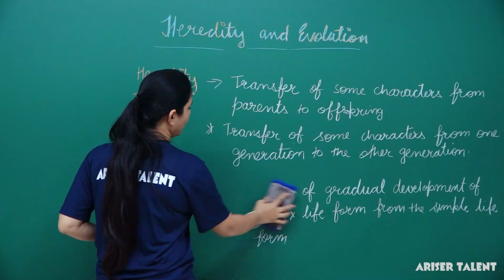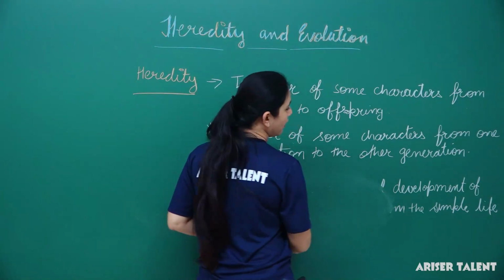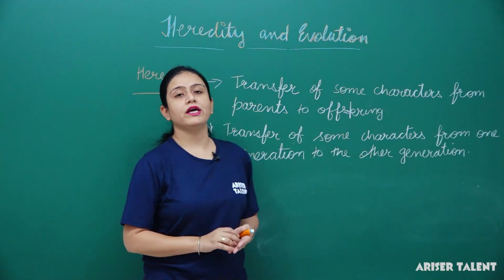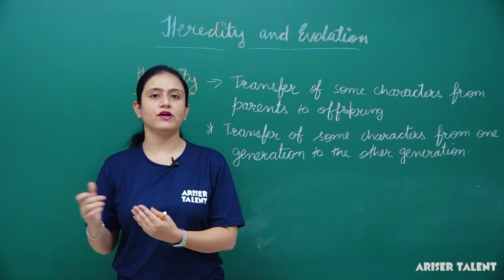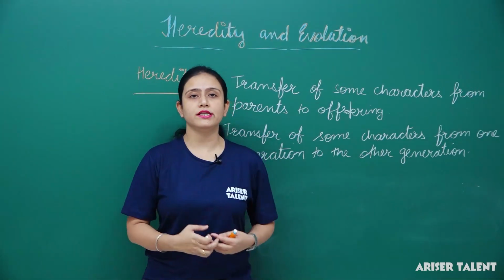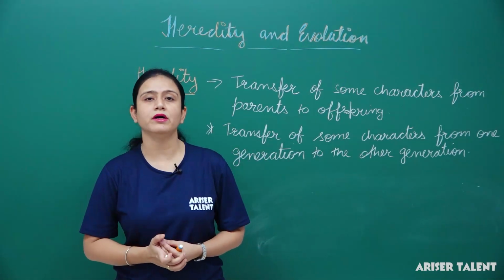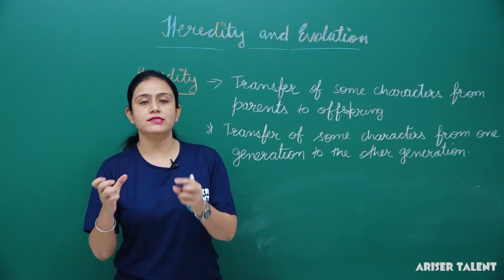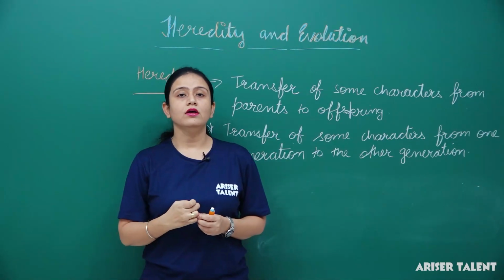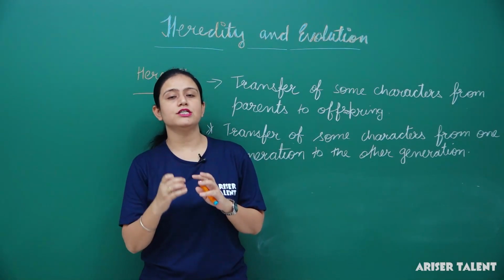Generally, when characters are transferred from one generation to another, we cannot say that you have all the characters of your father, or that you carry all the characters of your mother. You carry only some characters that are common from the mother and father, but some variations are there.